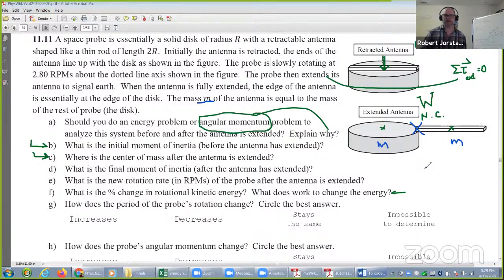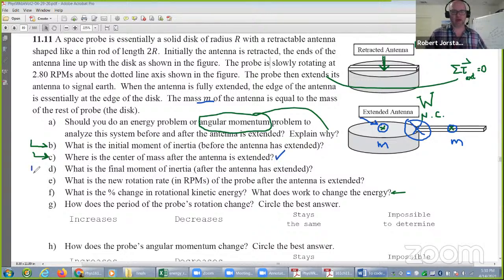It doesn't matter how that mass is distributed for the center of mass. This object can be treated as a point mass right there, and this object can be treated as a point mass right there for center of mass calculations, and that's what gives rise to this new center of mass. Got it? All right, so that's that one.